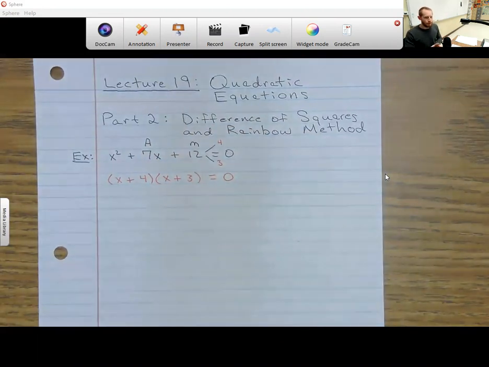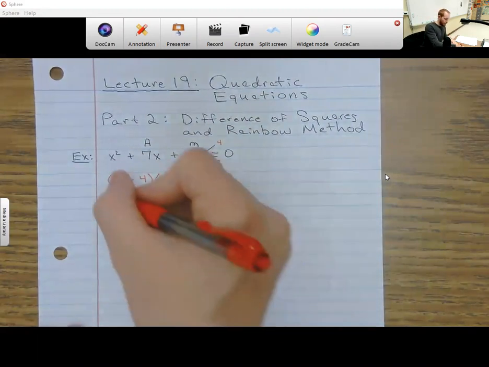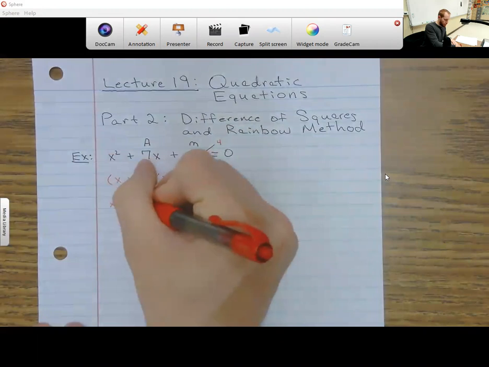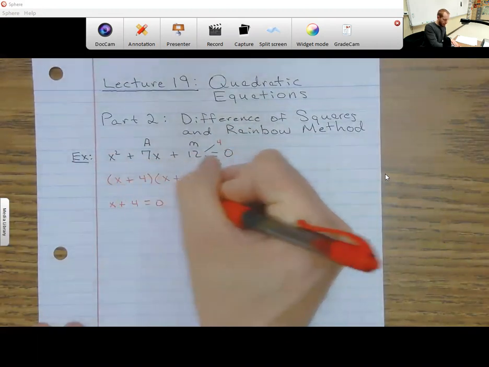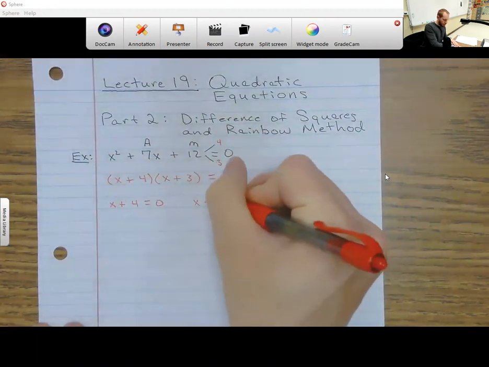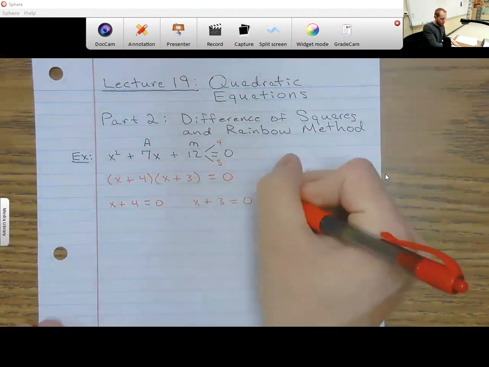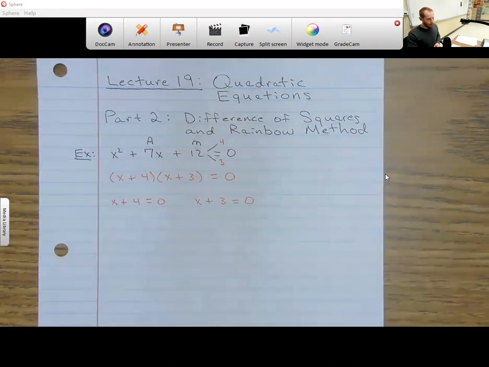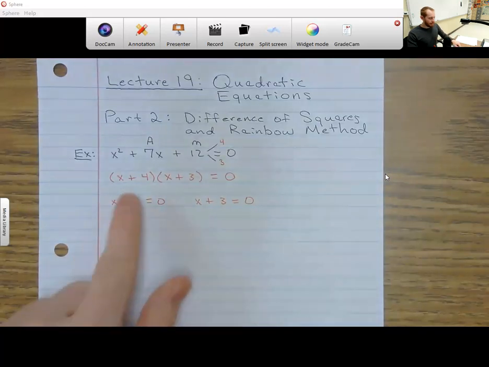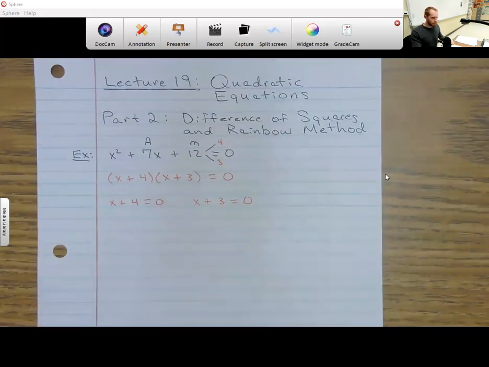And then what I would do after that is I would set both of them equal to 0 and then see what happens. So I would have x plus 4 equals 0, and then I would have x plus 3 equals 0, and then I would solve them both for x. So all I'm doing is taking what's inside the parentheses and setting them equal to 0.